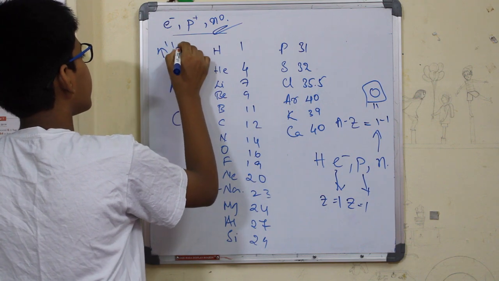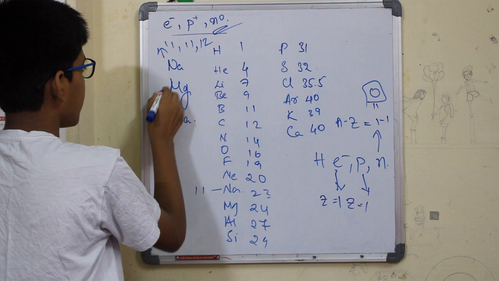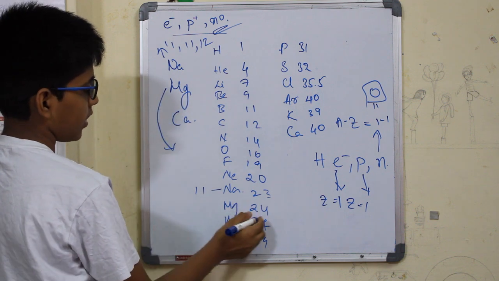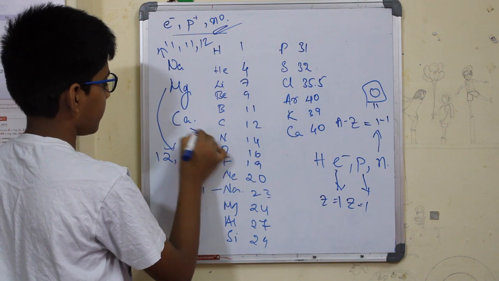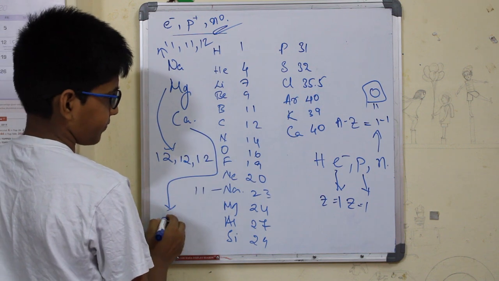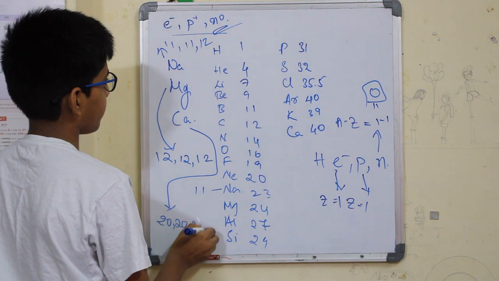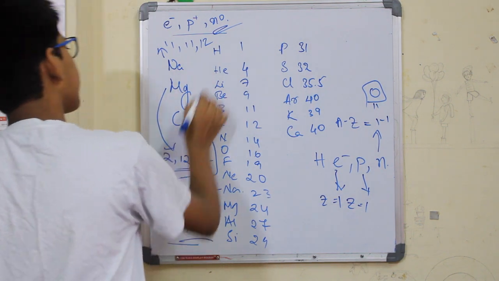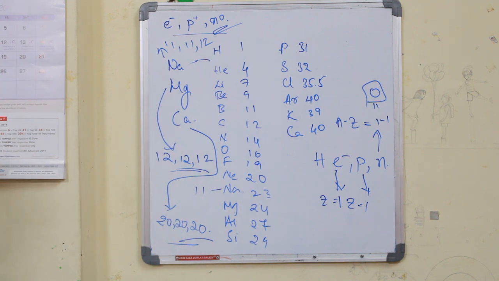So 11 minus 23 is 12. Magnesium 24, 12, 12. Calcium 20, 20, 20. These are the different atomic numbers and atomic masses.